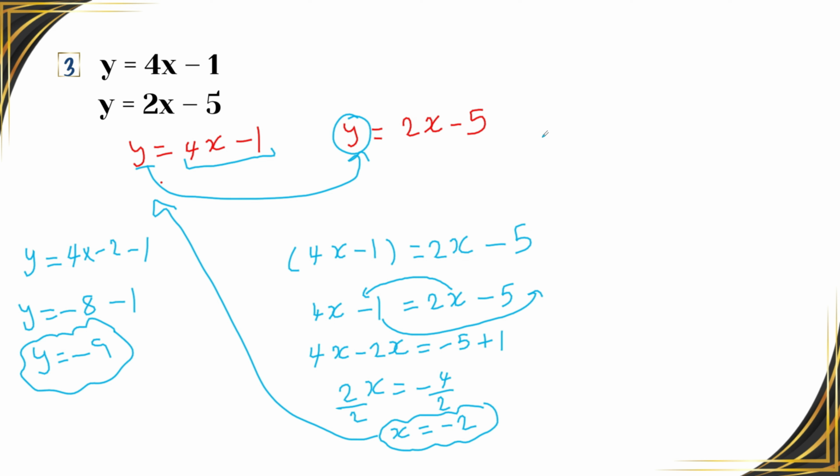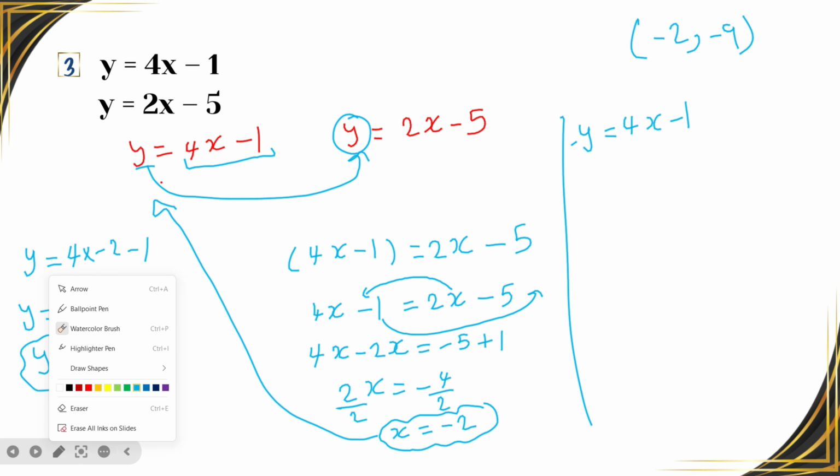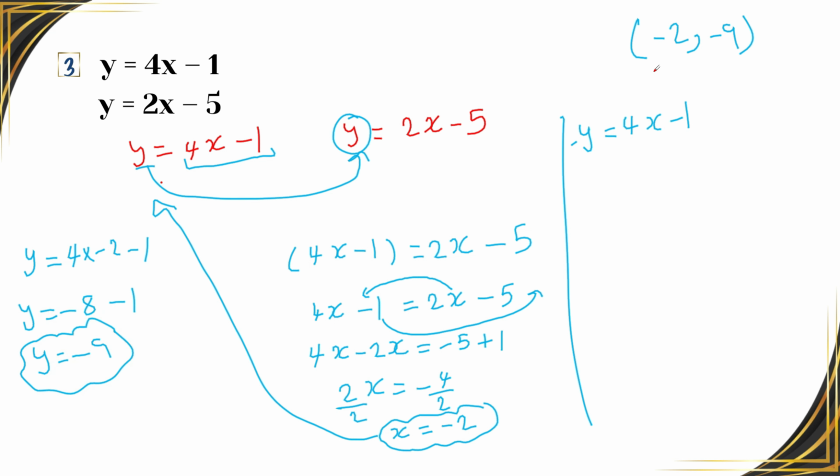Okay, check your answer. The solution should be x is negative 2 and y is negative 9. Let's check just one equation. y equals 4x minus 1. Now we replace x with negative 2 and y with negative 9. Negative 9 equals 4 times negative 2 minus 1.